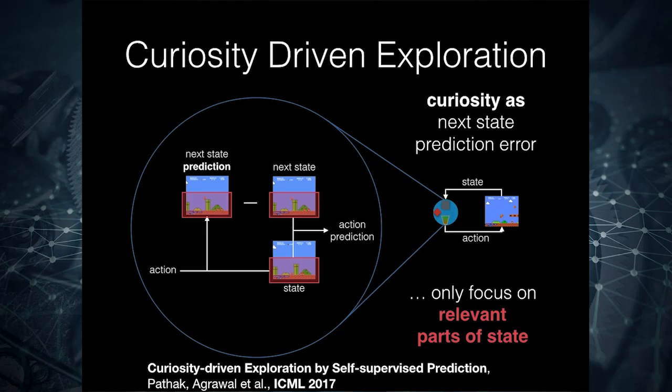Essentially what they do is they train a neural network that can predict the action that was taken for a transition to happen. So if you have a state and you have a next state, say the agent is moving in the world, you have these two things, and you have the action that took the agent from A to B. You can use them to predict the action.